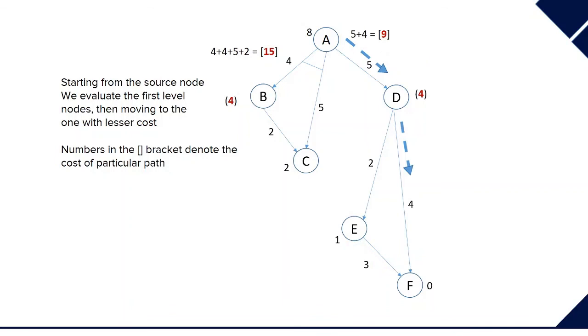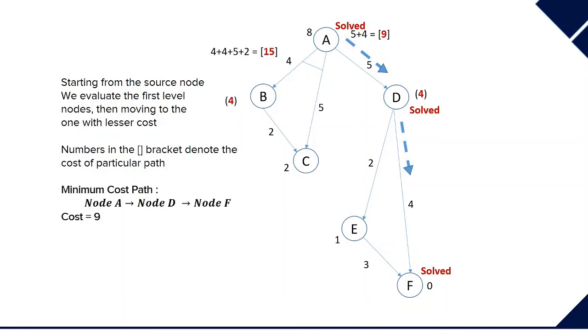And since the cost of the edge between E and F is 3, which will make our total cost 10, we eliminate that and we now settle with the path ADF. And hence A, D and F, all our nodes are solved. The minimum cost path is node A to node D to node F, and the total cost is 5 plus 4, which is 9. Thank you.